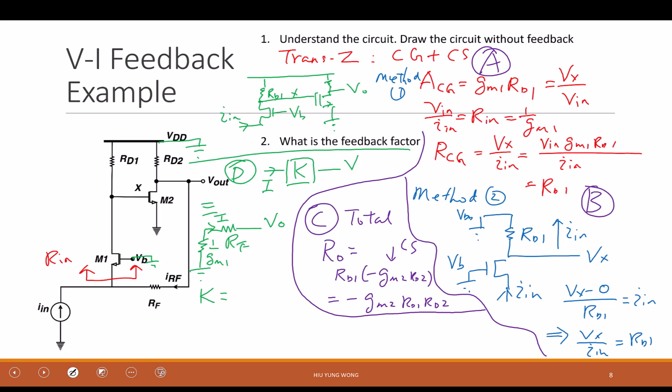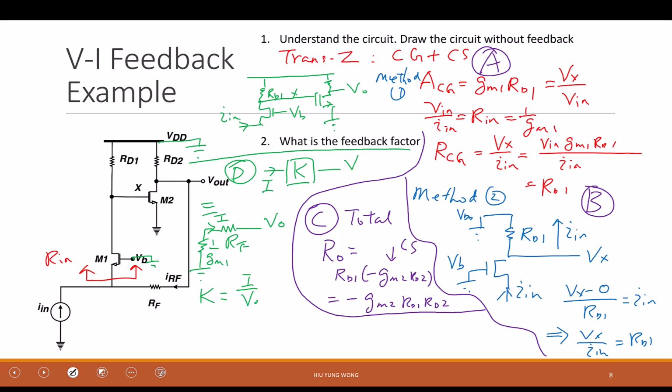What output of what and input of what? Output of feedback, input of feedback. I know I'm asking something very simple, but once you know this, you should be able to tell me, just in terms of the symbol, what is the output of the feedback? I. What is the input of feedback? V0, for example, right? So all I need to find is the relationship between I and V0.